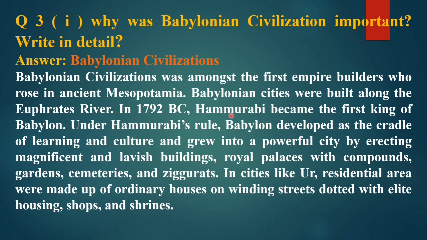They built cities like our modern cities. They had huge, lavish, magnificent buildings. There was gardening, there were cemeteries. There was a lining system and zigzagging.